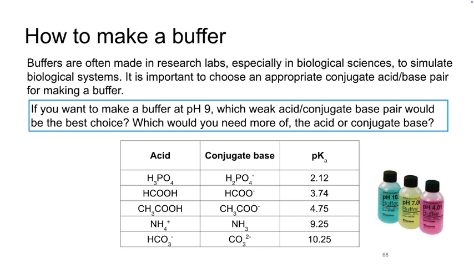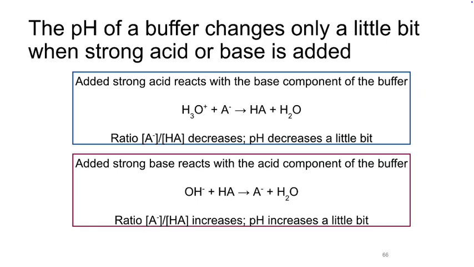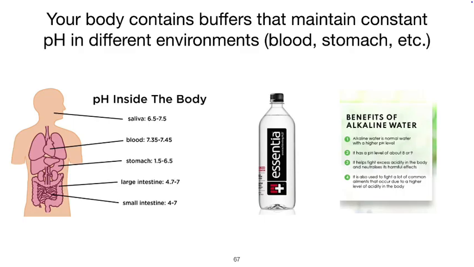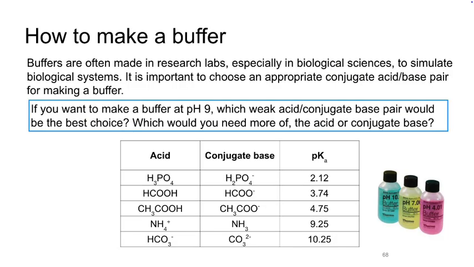That was the whole point of that slide earlier. Your buffer is most effective when your pH is plus or minus 1 from your pKa. So if I want a pH coming in at 9, if I want it to actually be a good buffer at that pH, I need a pKa that comes close to matching that. That's the whole point.